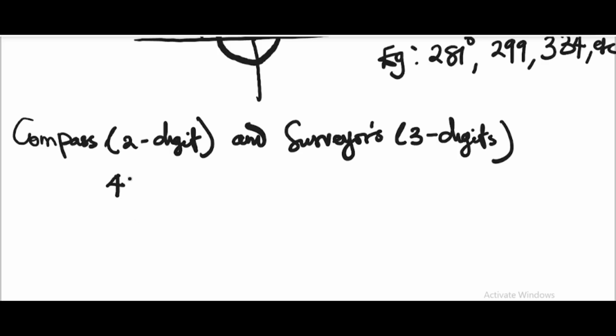Just note this before we move on. In bearing, there is nothing like 45 degrees on its own. In bearing, you don't write angles this way. If you write 45 degrees, you're not referring to bearing, but maybe just angles normally, which you measure anti-clockwise on the horizontal. But in bearing, if I say 45, what does it mean? Does it mean 45 degrees northeast? It doesn't tell anything.